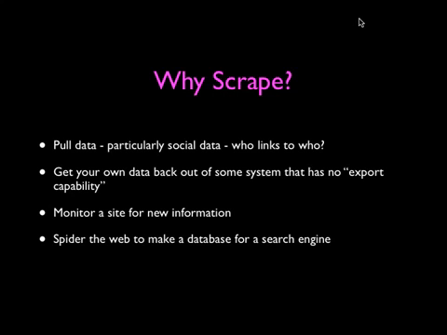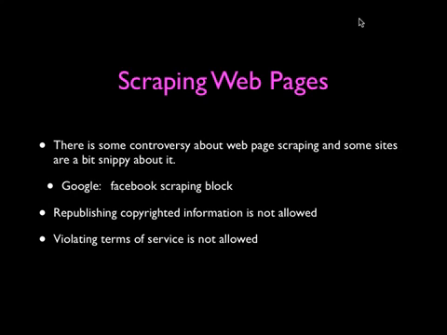You might have an automated process that monitors a site for new information, or a research project that's going to watch trends in Facebook Friends, where you look at some pages. Maybe I should use MySpace Friends because Facebook discourages this. And you might be making some kind of highly specialized search engine.